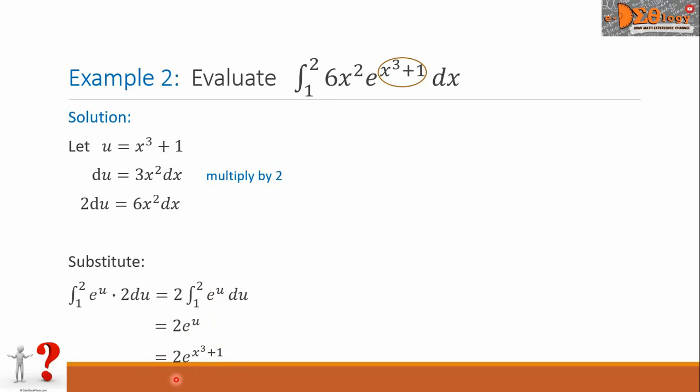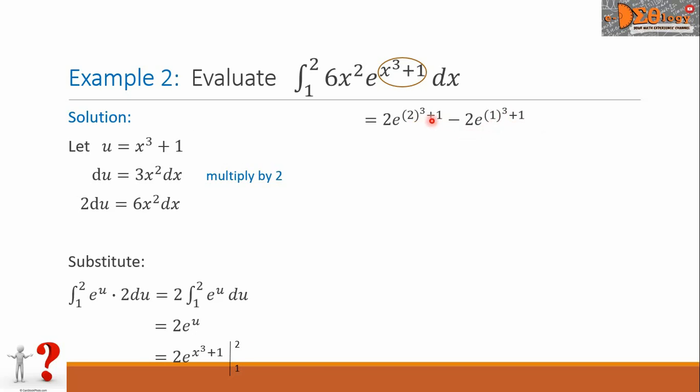Now let us evaluate this with respect to the limits of integration from 1 to 2. Starting with 2, we have 2 times e raised to 2 cubed plus 1, minus 2 times e raised to 1 cubed plus 1.